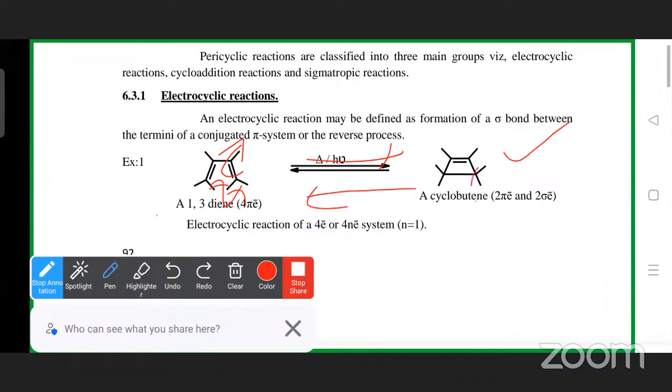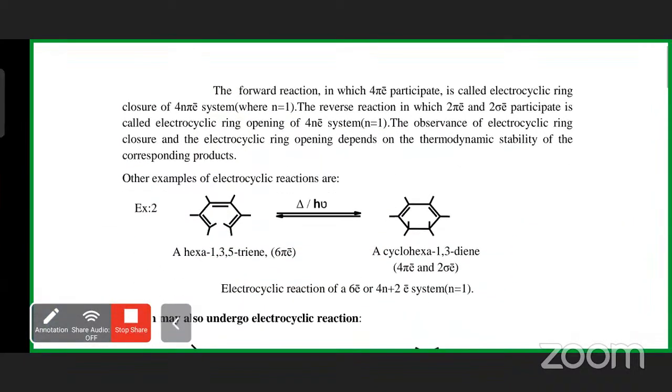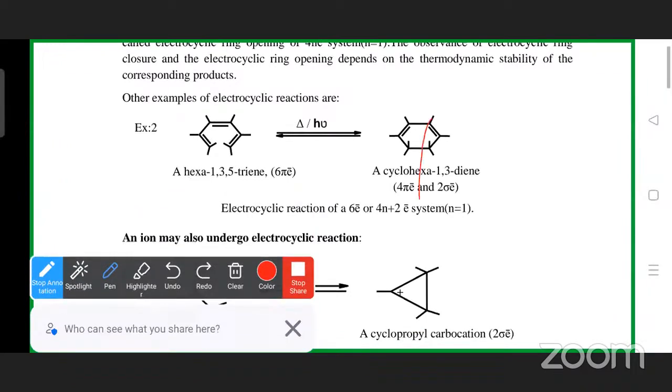Here this migrates here, then this migrates here, and then the ring opening takes place. All these are equilibrium reactions. One more example: hexa-1,3,5-triene, where 3 pi bonds are there.